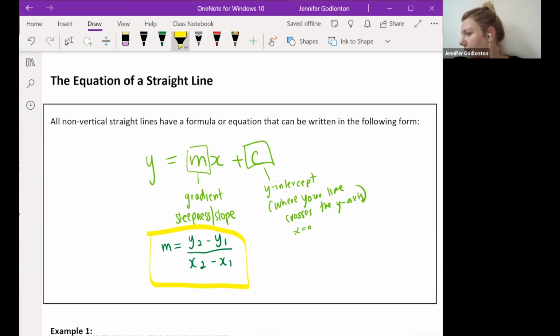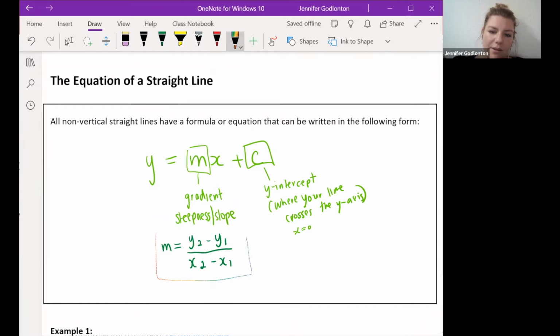Tiana, hello. Hi, ma'am. Ma'am, I did this at school. The first time we did it, we didn't do the y-intercept method. I don't know what we were doing, but then the teacher told me I did a different method. I don't know, she said it's wrong or something like that.